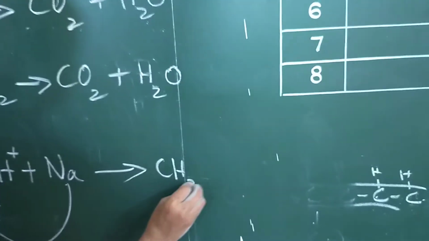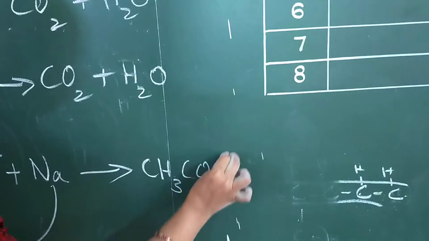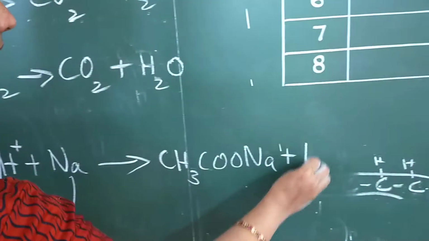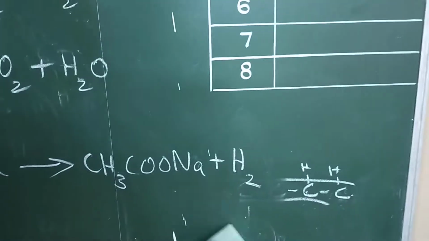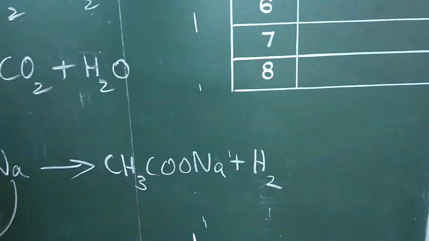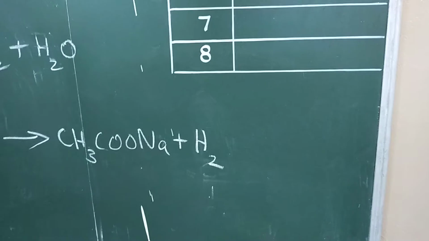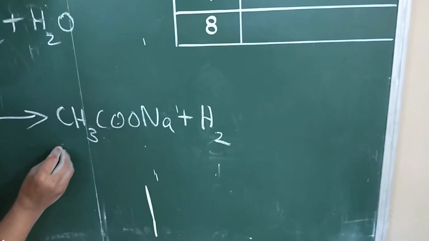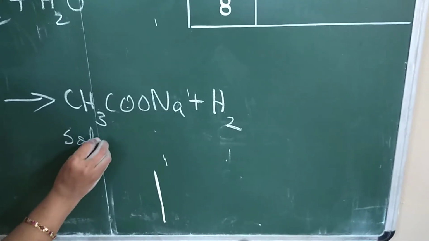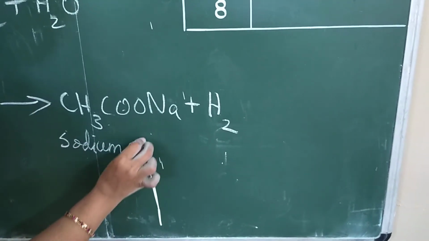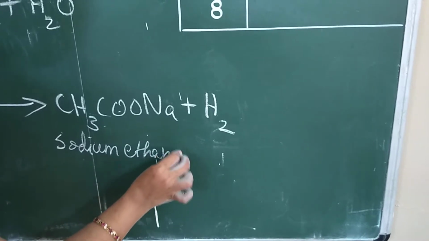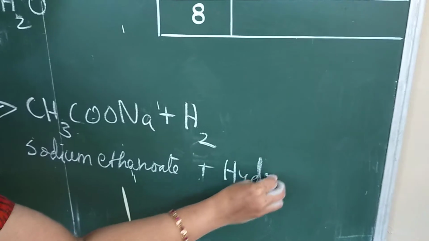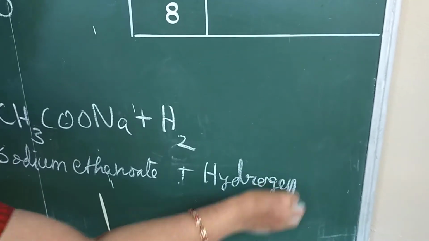So CH3COONa forms in such a way, and hydrogen. Acid reacts with metal, it forms salt and hydrogen. The name of the salt is sodium ethanoate plus hydrogen.